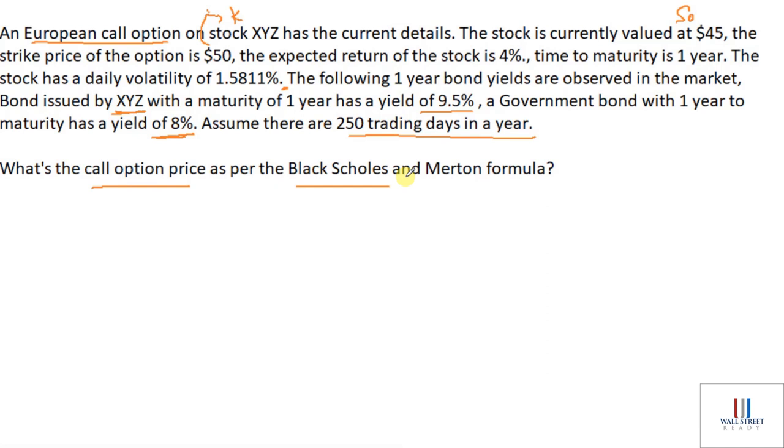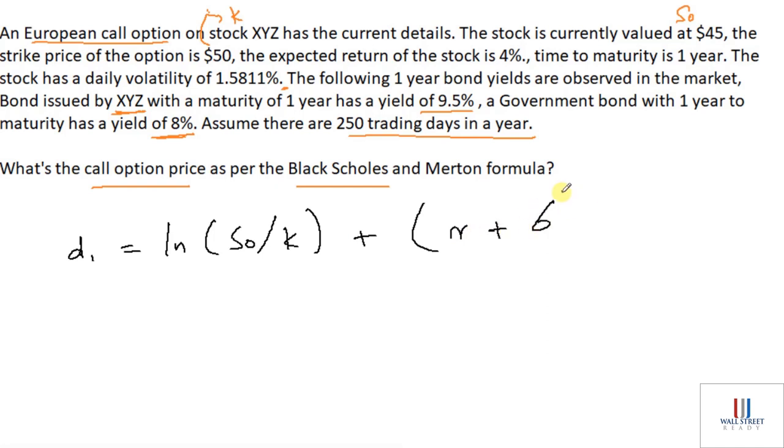Now, first thing first is that, of course, you need to remember the formulas of the Black Scholes model. Before that, let's calculate the D1 and D2. So D1, remember, according to the Black Scholes model, is log of S naught divided by K. So that's the current price divided by strike, plus the risk-free rate, plus the square of your volatility or square of your standard deviation, divided by 2.